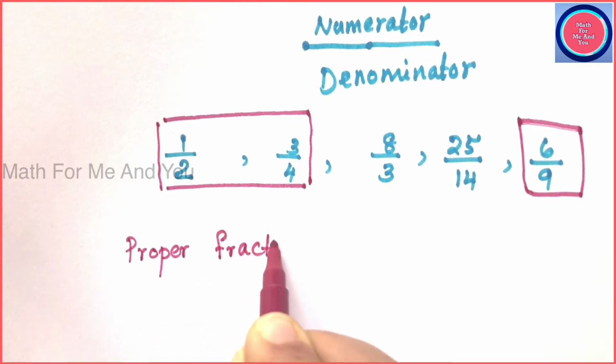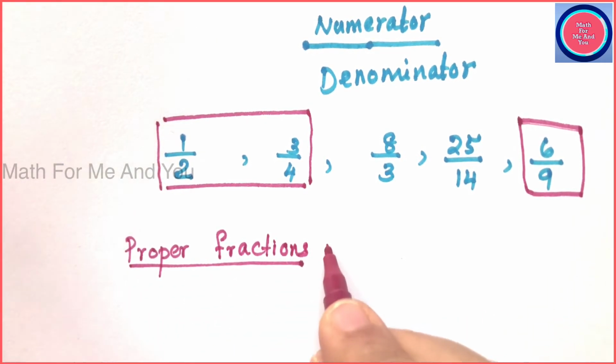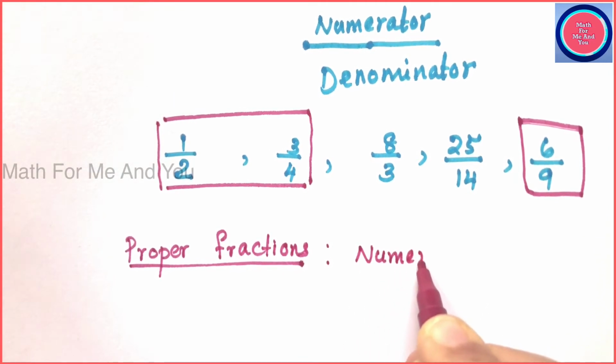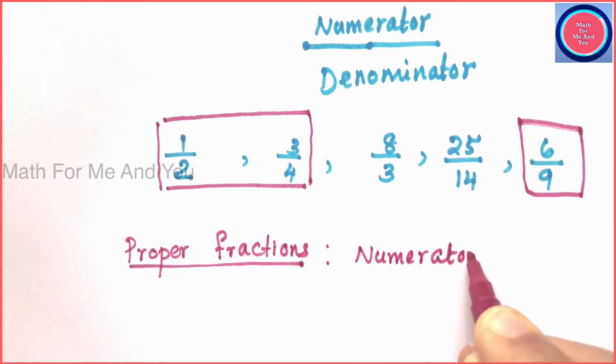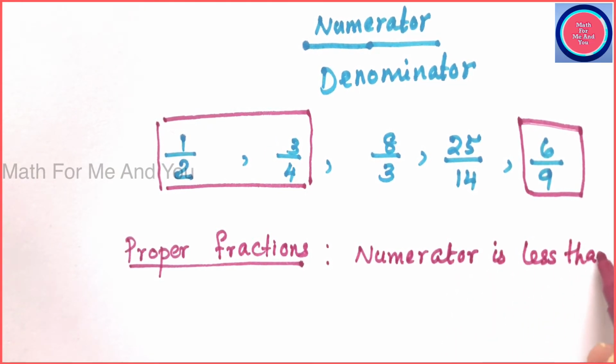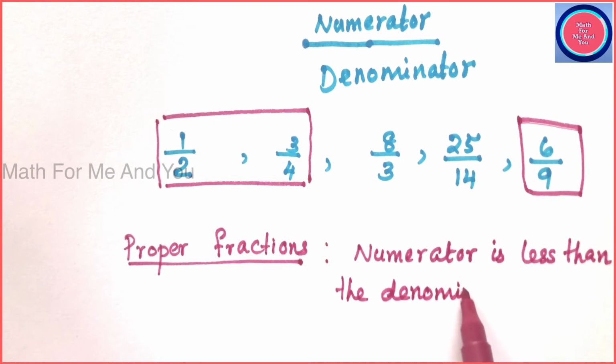What is the meaning of proper fractions? Proper fractions are fractions whose numerators are less than the corresponding denominators. So we can say in a fraction, if the numerator is smaller than or less than the denominator, such fractions are called proper fractions. Examples: 1 over 2.